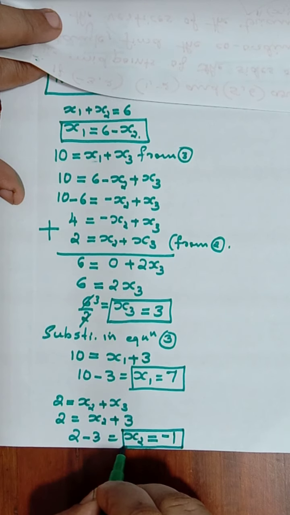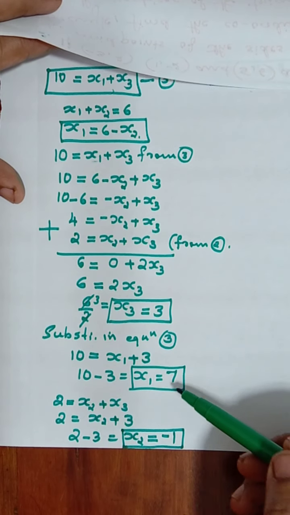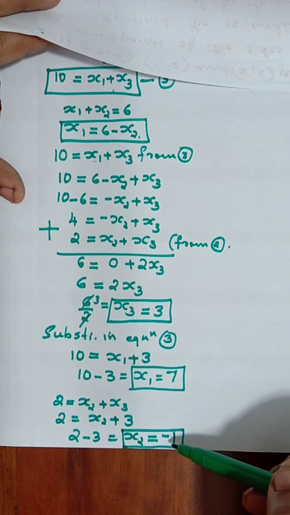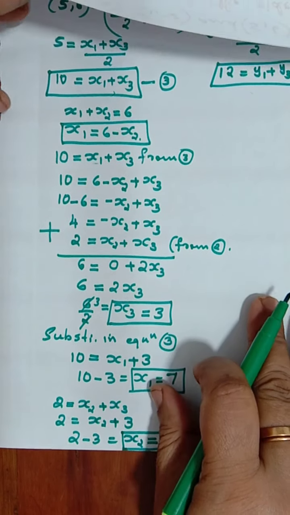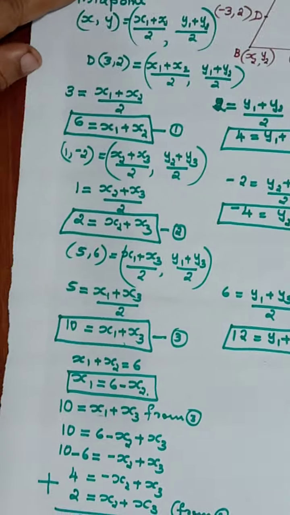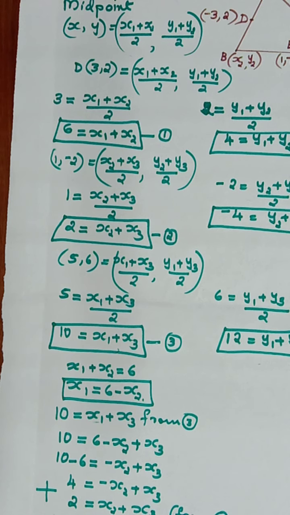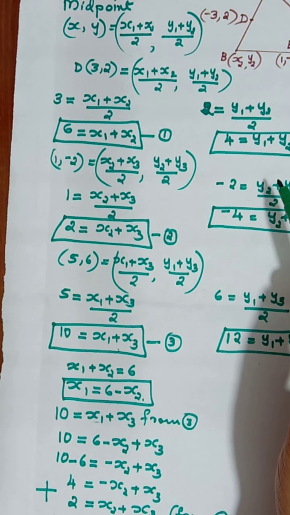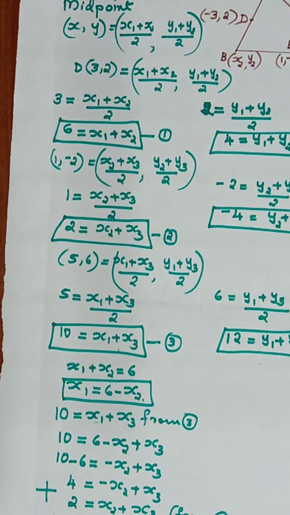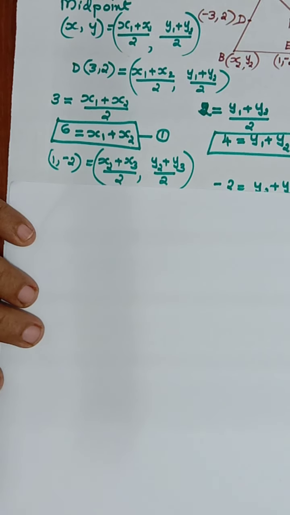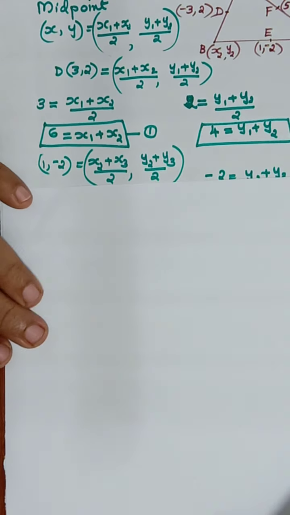So three numbers we got now: x1 is 7, x2 is negative 1 and x3 is 3. Now let us move on to our y part. Again the same method, here we have to find out what is y. Fourth equation is 4 is equal to y1 plus y2.